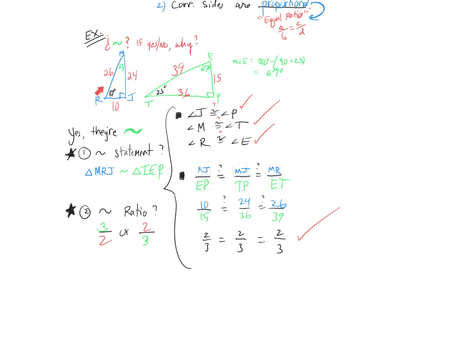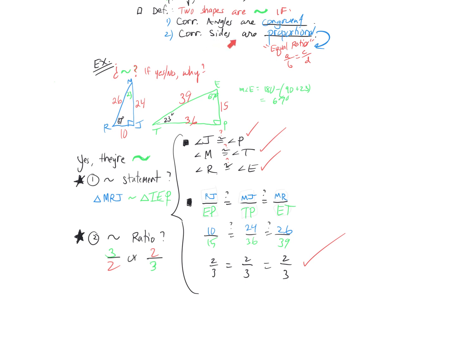And the hypotenuse, which is MR, corresponds to the hypotenuse ET. So these are the three ratios of corresponding sides. And when we fill in the numbers, they are all equal to each other. So requirement number two is met. Corresponding sides are proportional. Therefore, these shapes are definitely similar.